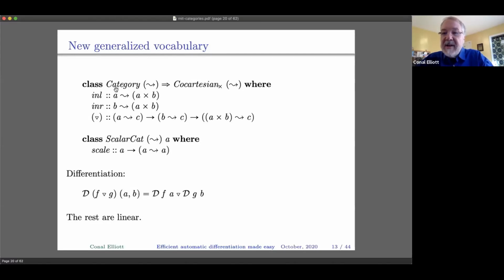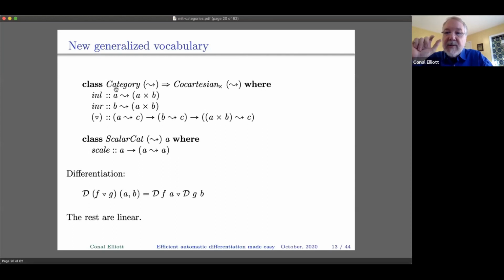Now, this is going to look funny, because for a Cocartesian category you would expect to see a coproduct, not a product. Automatic differentiation, remember, is about local linear approximations, local affine approximations, where the difference between the function and its value at a point is a linear function. And in linear algebra, coproducts are products.